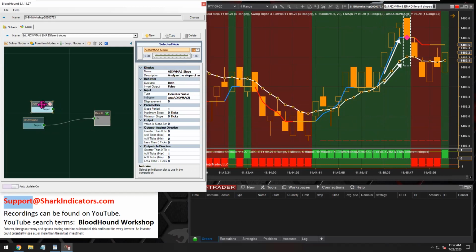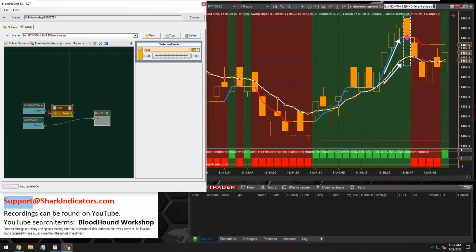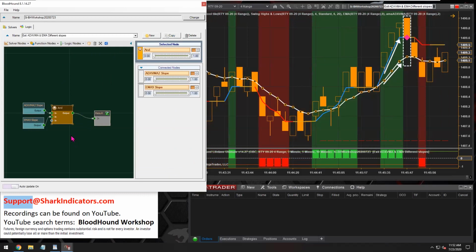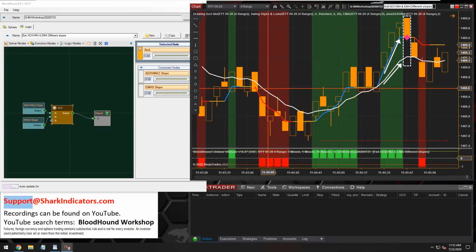All right, so I put both of the slope solvers into an AND node. And so now what we're seeing is when the slope of both moving averages match each other, when they're both the same, right?